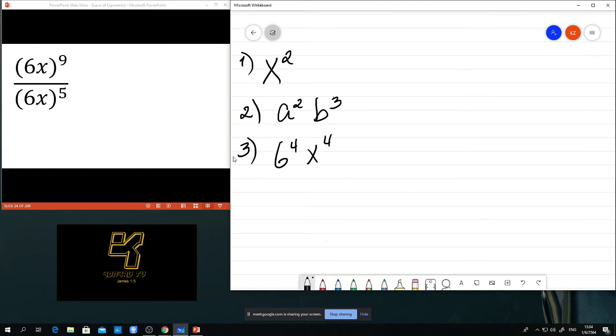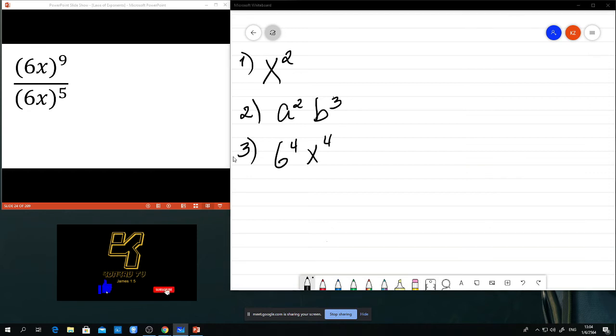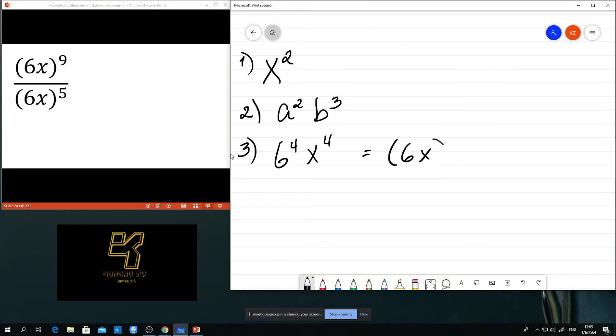Since 6 to the power of 4 is too big a number, it's fine not to write the exact value, or you can write it as 6, quantity to the power of 4. This is also correct. Next.